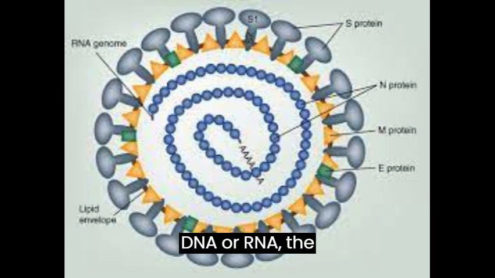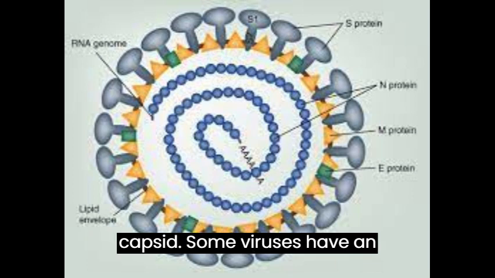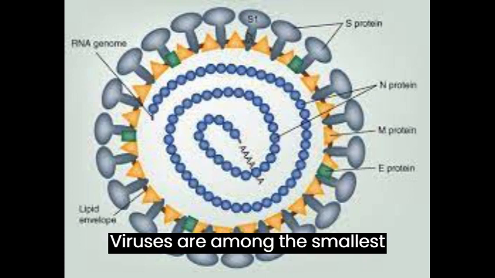A virus is made up of a DNA or RNA genome inside a protein coat called a capsid. Some viruses have an outer membrane envelope. Viruses are among the smallest microorganisms, usually ranging from 0.02 to 0.3 micrometers, although several very large viruses up to 1 micrometer have been discovered.